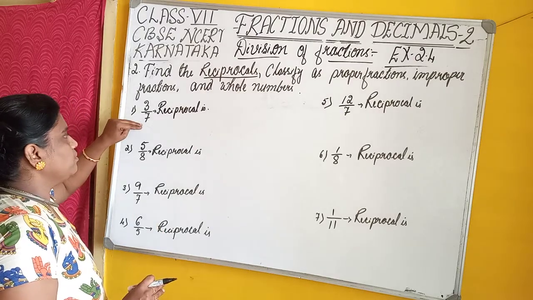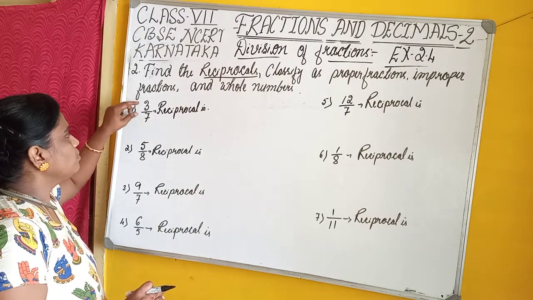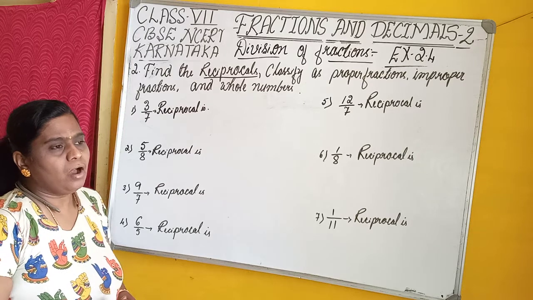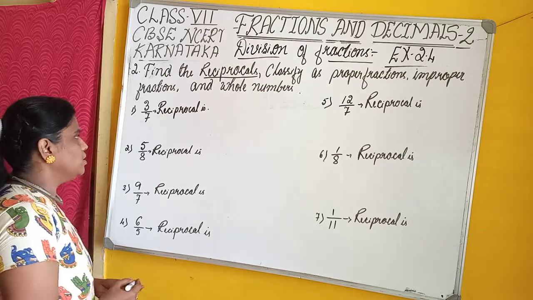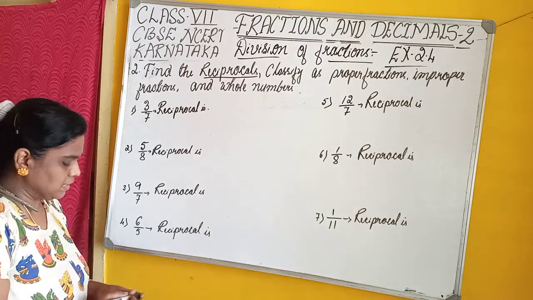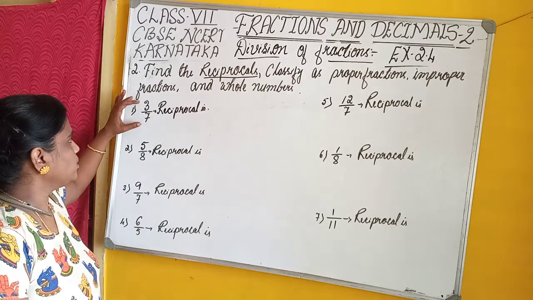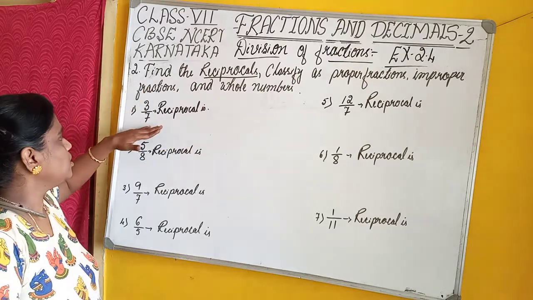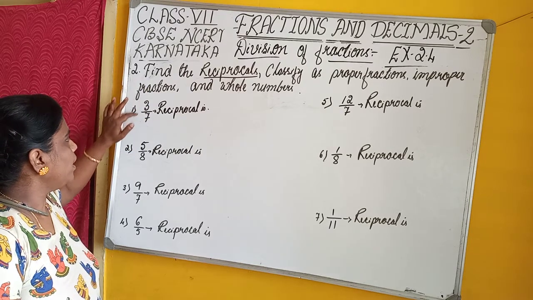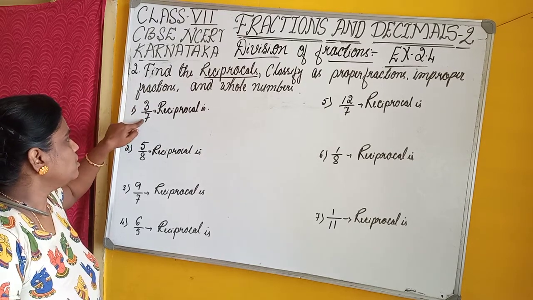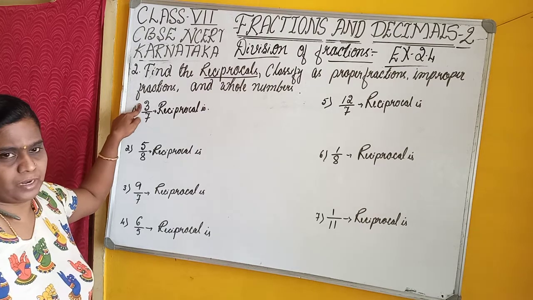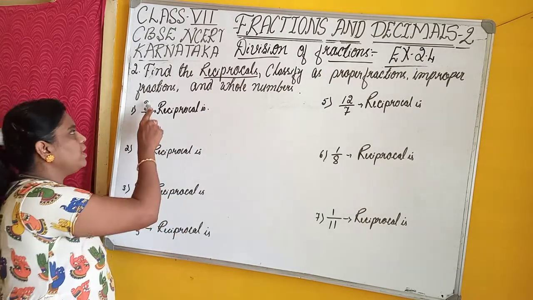Find the reciprocal of 3 by 7. How can we find the reciprocal? We get the reciprocal of a fraction by interchanging the numerator and the denominator. Here the numerator is 3.